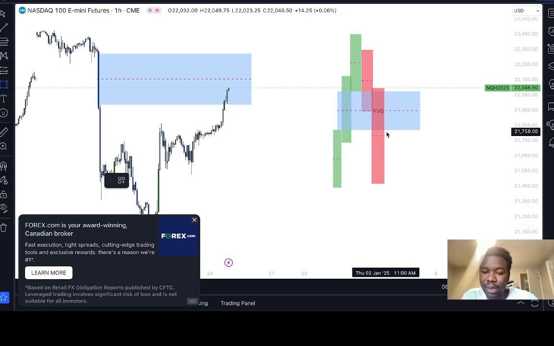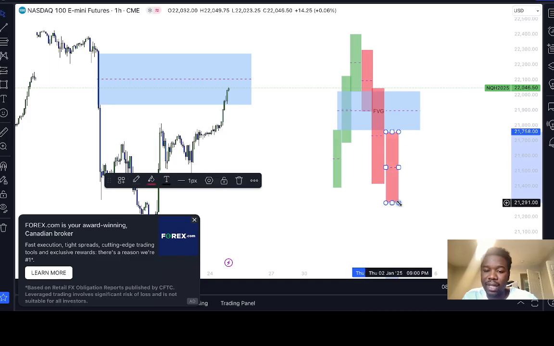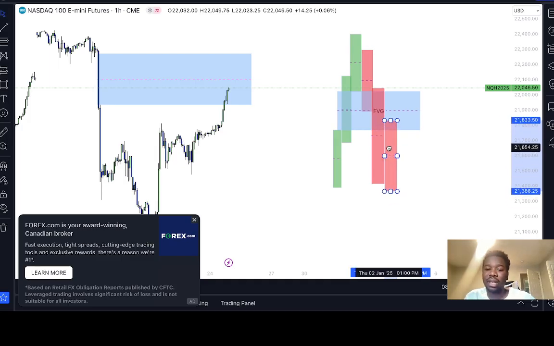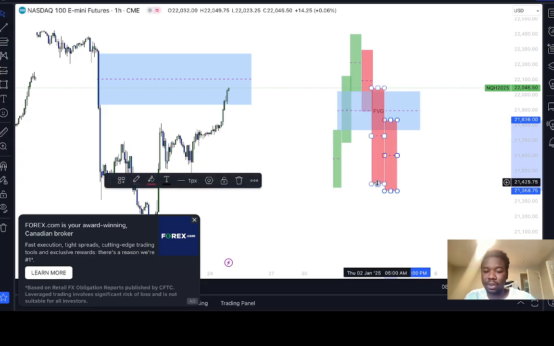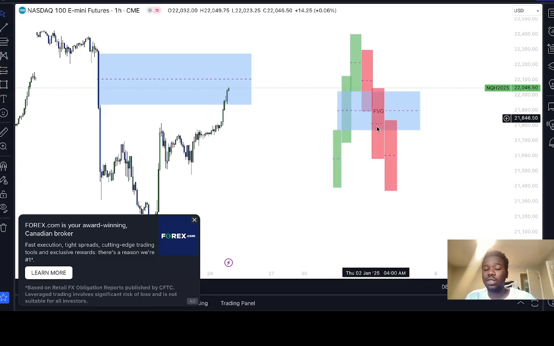So market can do this. It can close below this gap, and then it'll tap back in there and continue downwards.